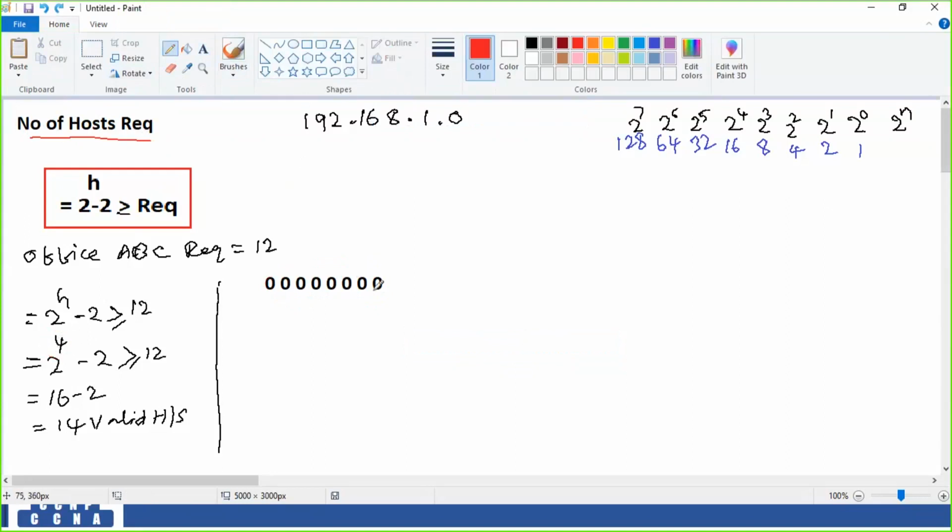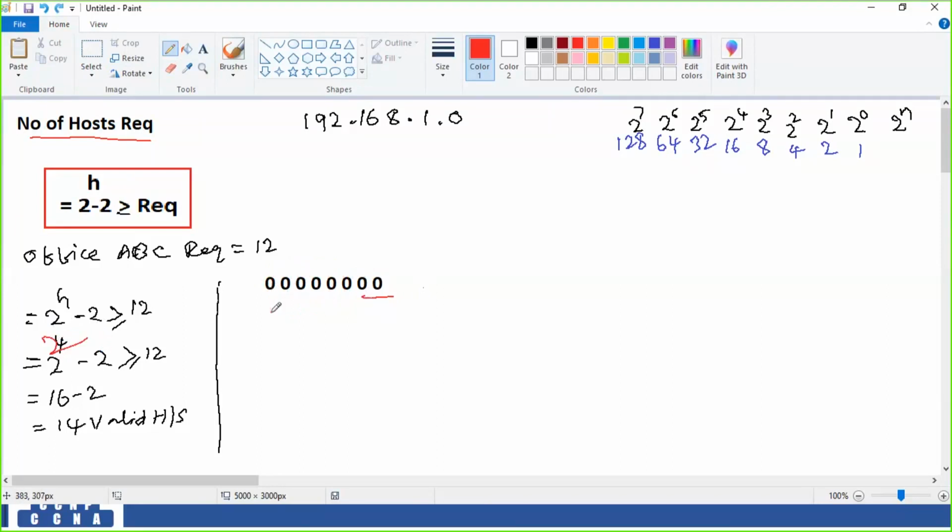If the power value is 4, leave the last 4 host bits and convert the remaining. If the power value is 3, leave 3 host bits. If 5, leave 5 host bits. If 2, leave just 2 host bits and convert all the rest.